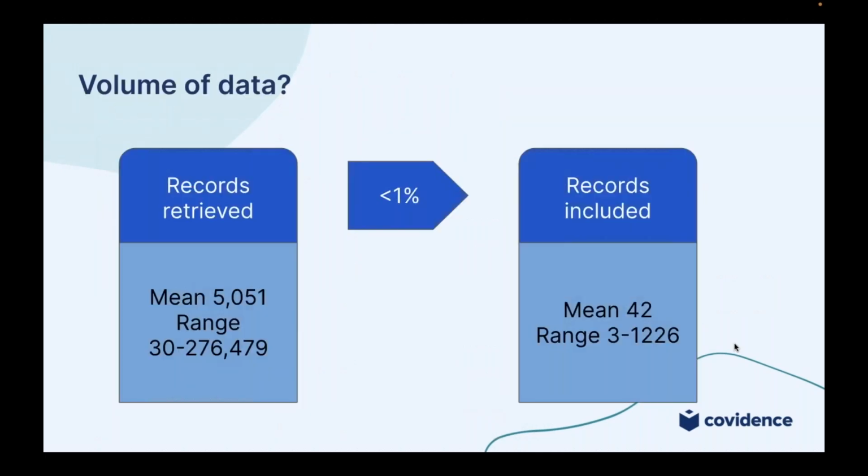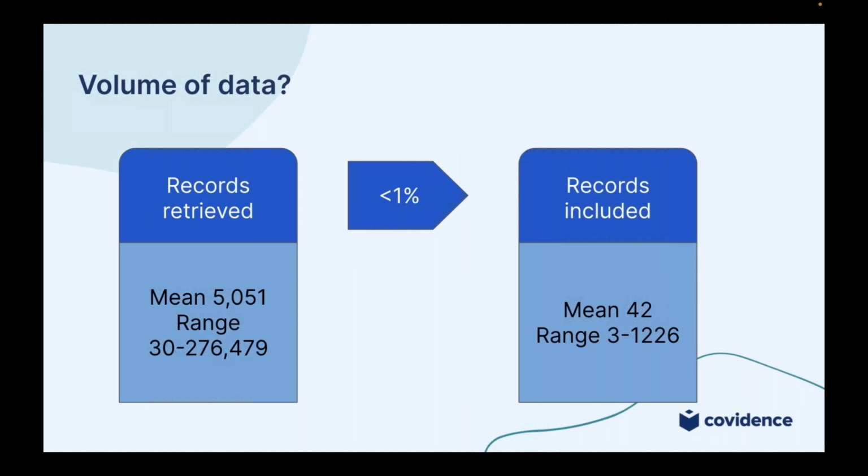So we also looked at the volume of data. Not unexpectedly, we see a significant number of records being retrieved. At the moment, we're seeing a mean of just over 5,000 records per review that are being imported prior to deduplication and screening tasks.